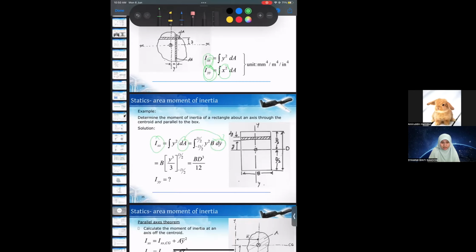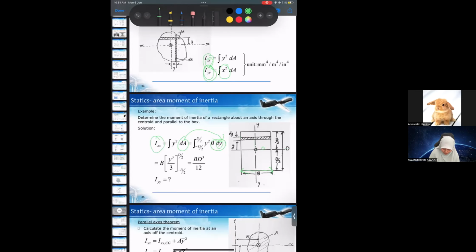Since the function is a function of y, we leave the dy here, and b is the length in the x direction. The y will be the small particle, so we write it as dy. So y squared b dy, from negative. We assume that this is 0, here is 0.